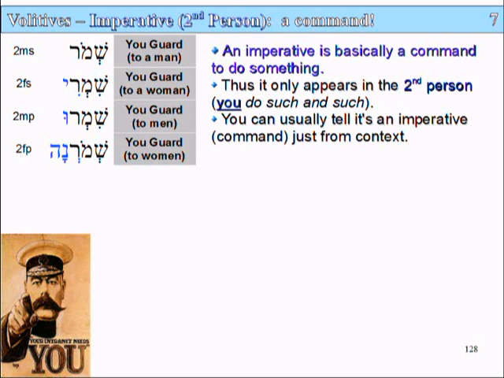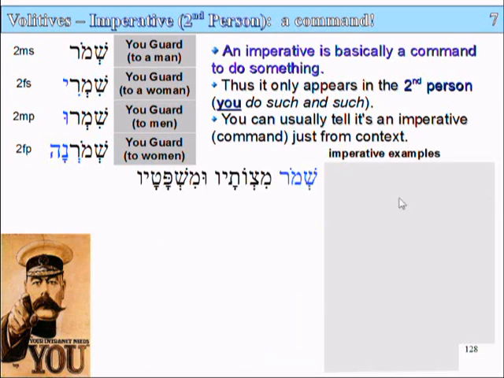So let's have a look at some examples of the imperative. First one, Shmor mitzvotav u mishpatav. Keep his commandments and his judgments. Shemor, keep. Mitzvotav, his commandments. U mishpatav.